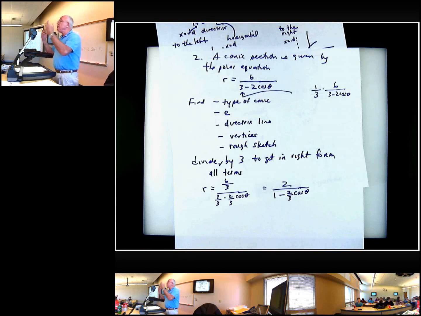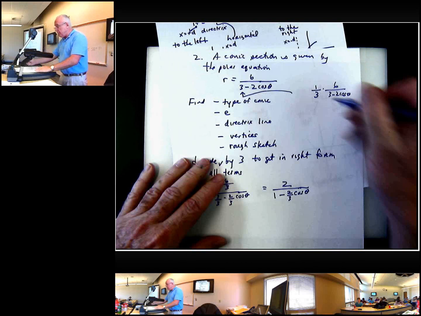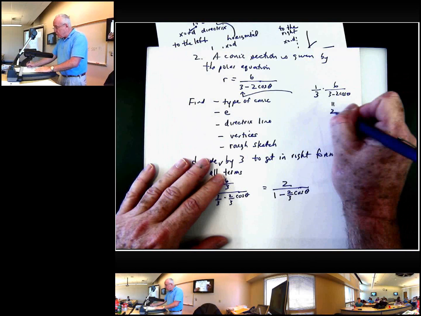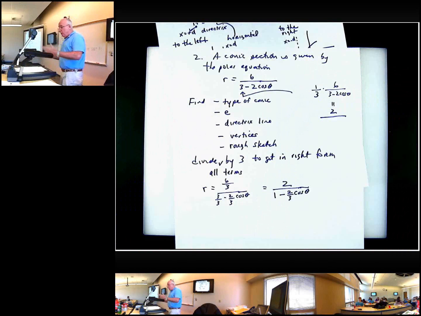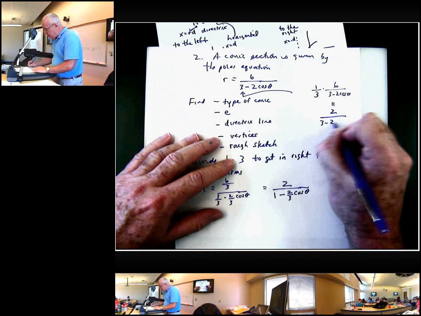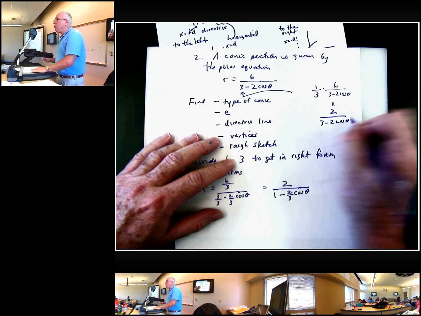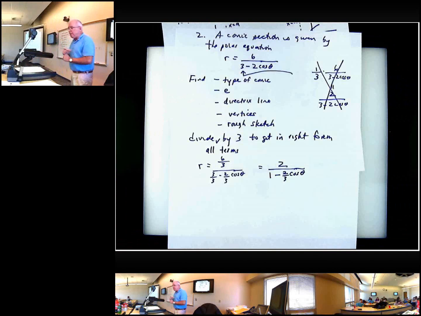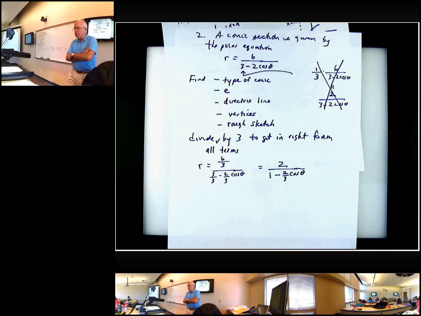We have to divide both top and bottom by the same thing. This would change the numerator to a 2, but it would keep the same denominator. That's not what we want, so let's put an X through that. Top and bottom, everything by whatever number is needed.